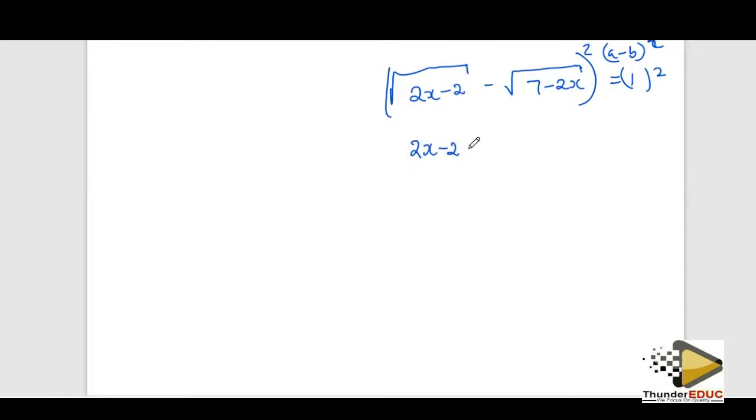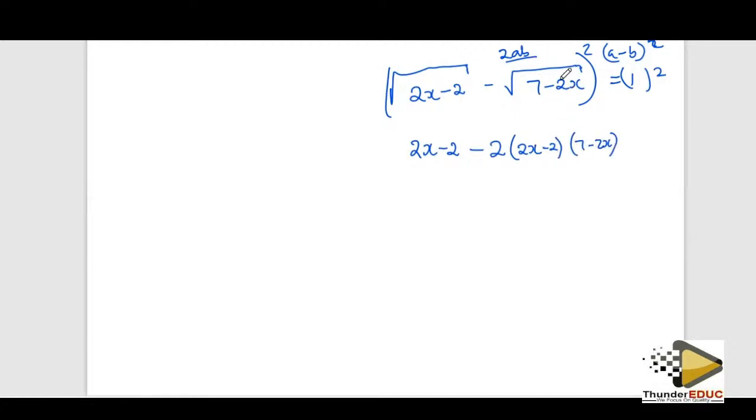Then remember when I'm opening this, I'll have a 2ab summation. So I'll have a minus 2 and then these two multiplied together. When I multiply these two together, since they both have the root signs, it's as good as having 2x − 2 and then 7 − 2x.